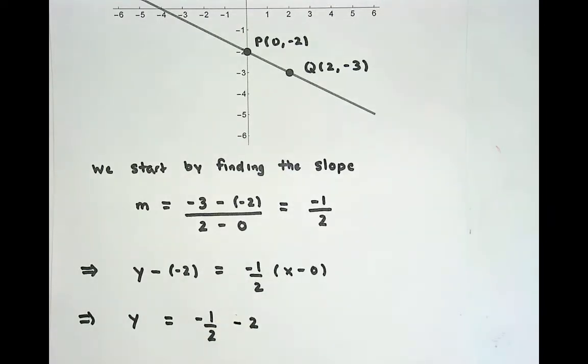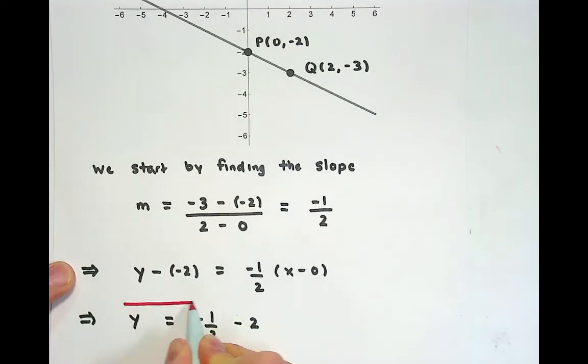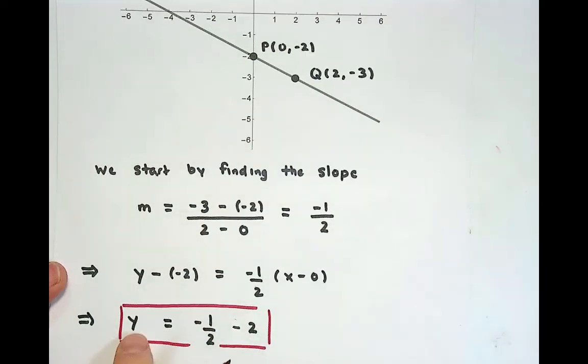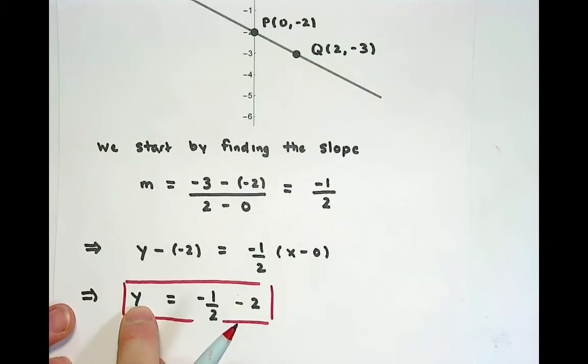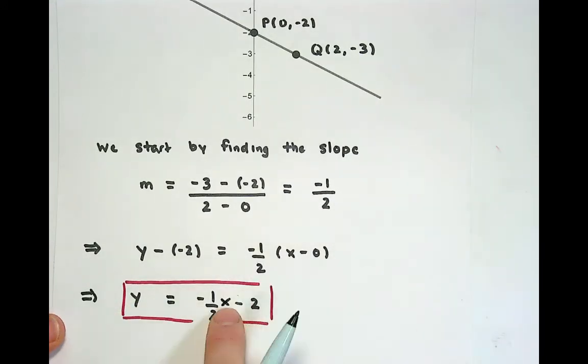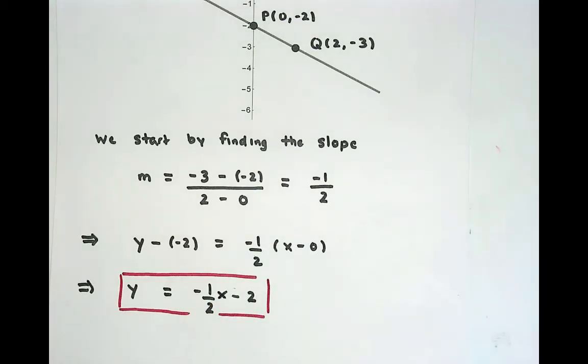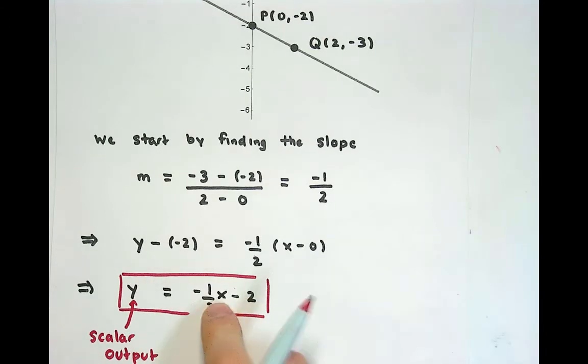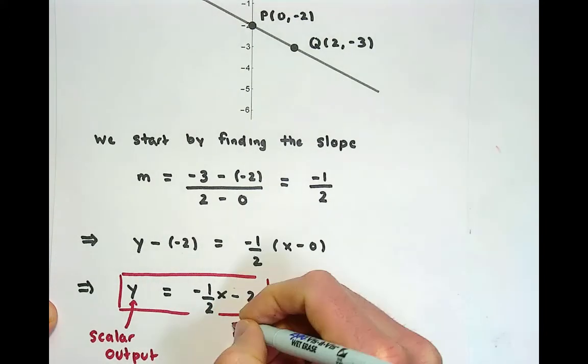Okay, so now we have the scalar equation for this line, and it was a scalar equation because the y value, the output, was written as a single variable function of the input. So here, the scalar output is written as a function of the input right here.